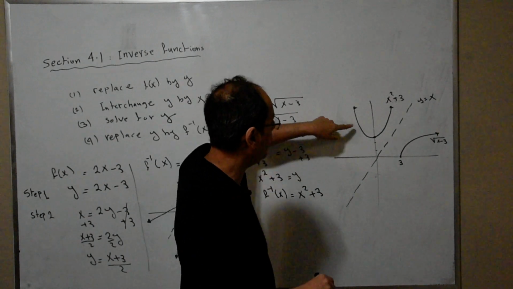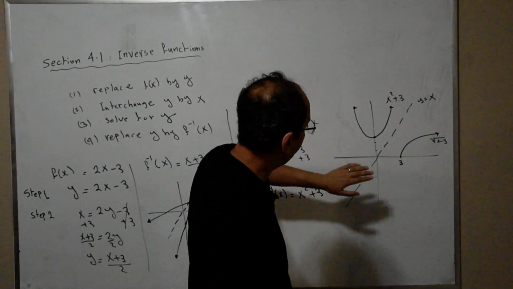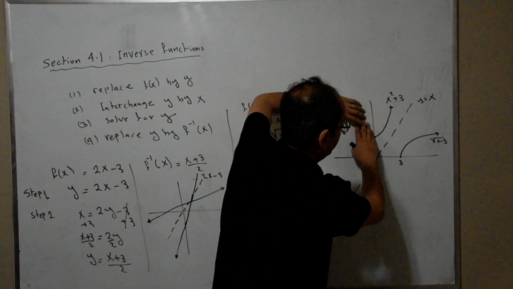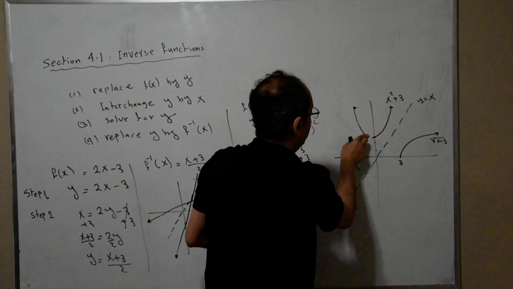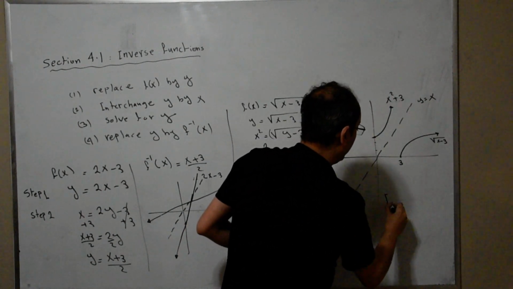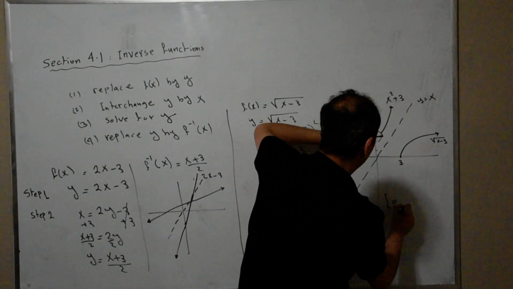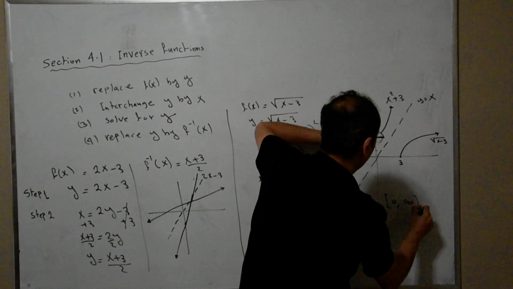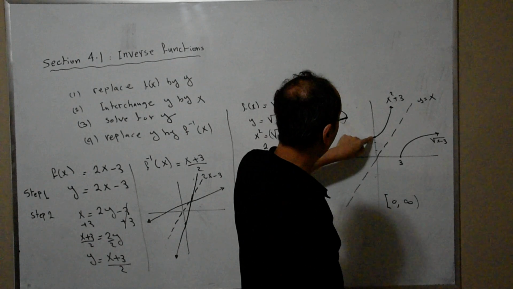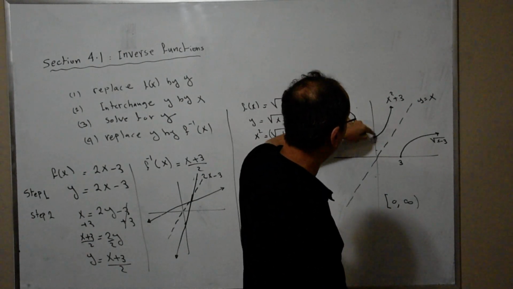No, it's not 1 to 1. So what should I do to make this function 1 to 1? I have to remove the part here, and I restrict the domain. The domain is from 0 to infinity. So instead of from negative infinity to infinity, I have to restrict the domain from 0 to infinity.